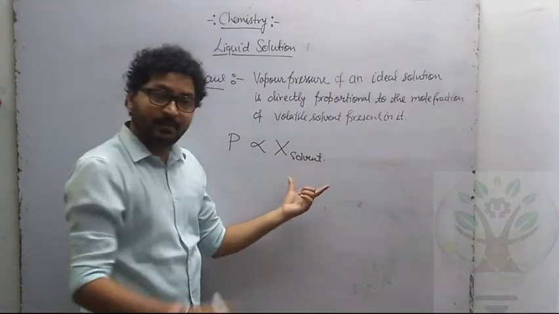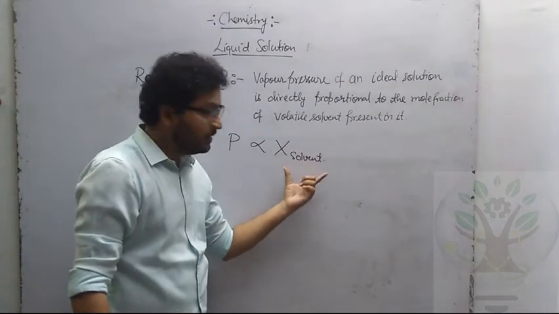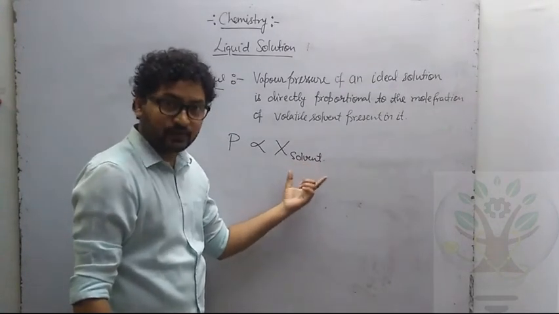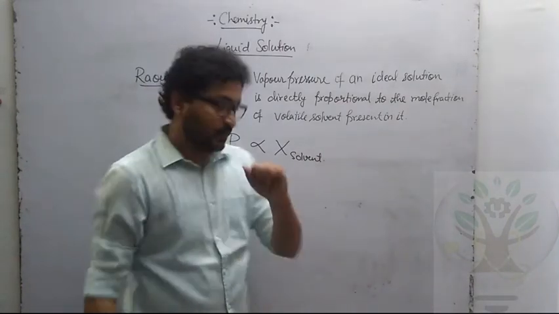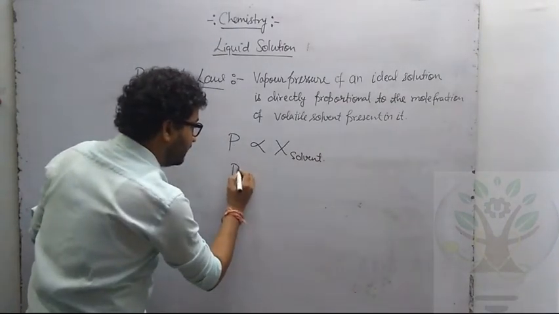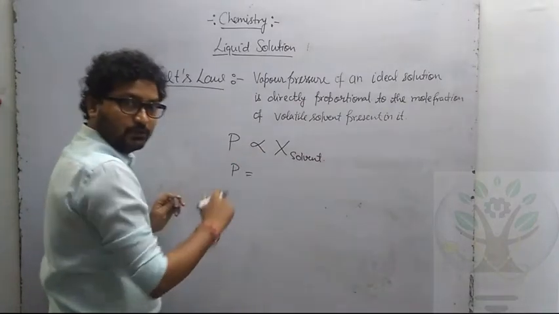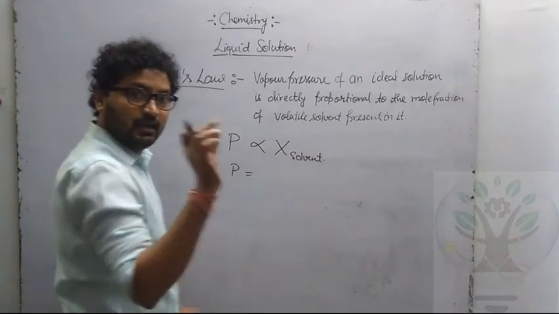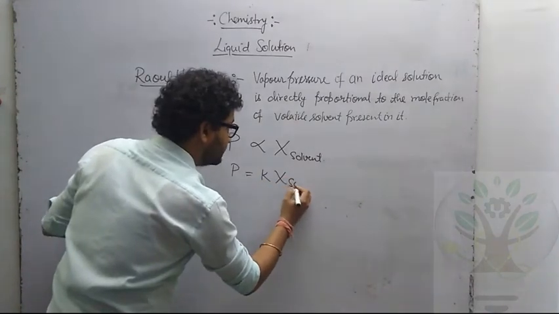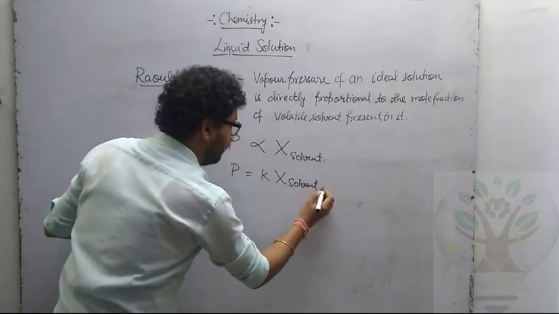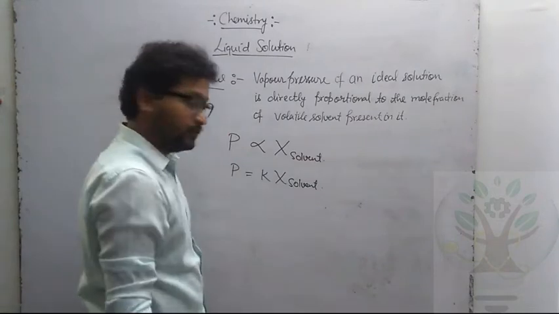As we discussed in layman terms, if volatile solvent is more, vapor pressure will be more. Is this clear? Whenever we remove the proportionality sign, we get a constant. So P equals K X solvent. What is X solvent? It is mole fraction of solvent.